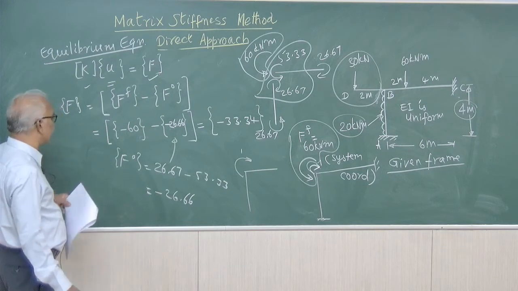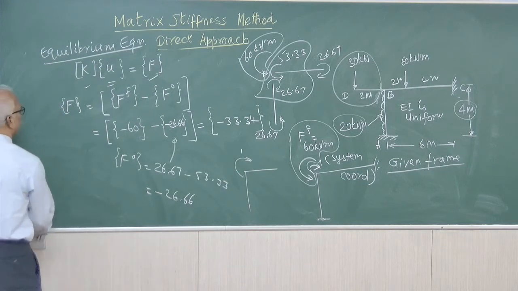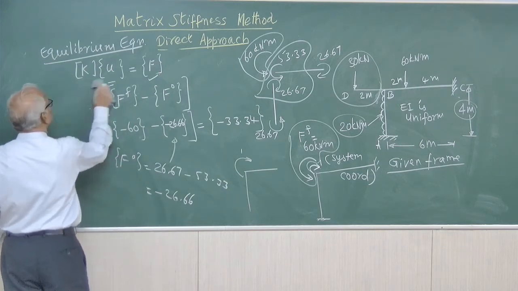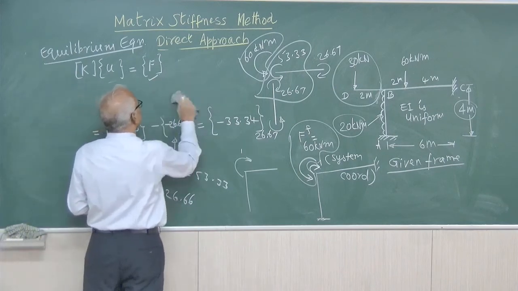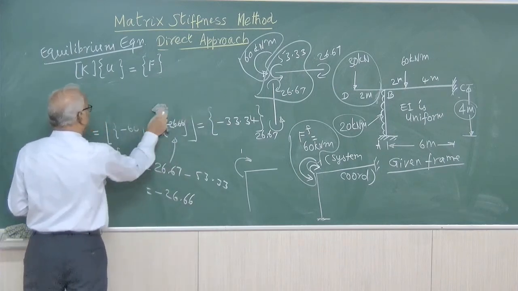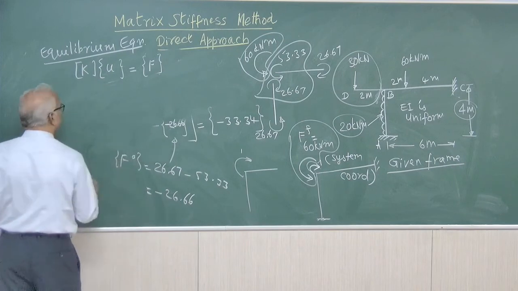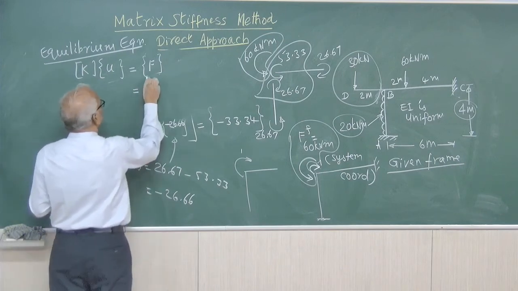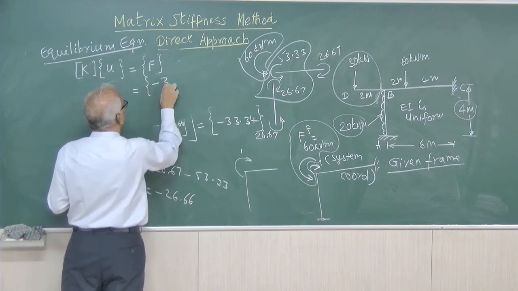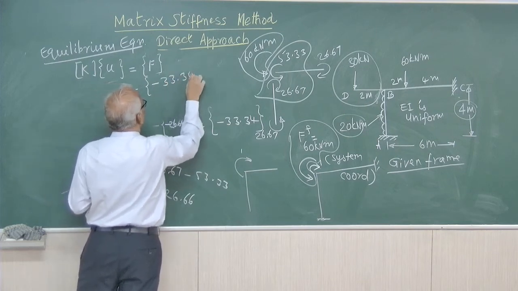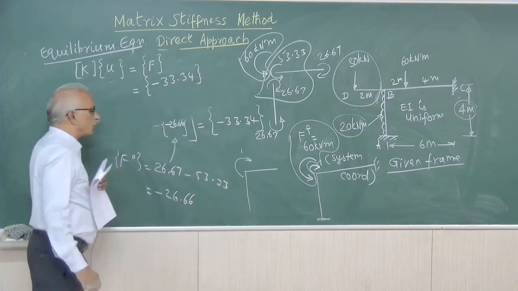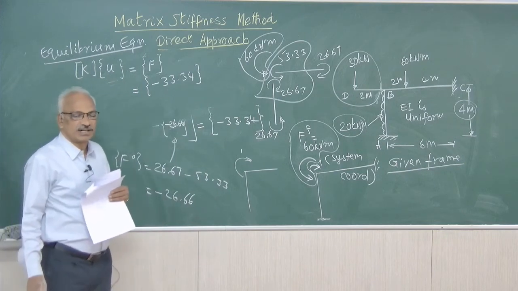So, that is our right hand side. Therefore, the right hand side value will be equal to minus 33.34, because there is only one system coordinate.